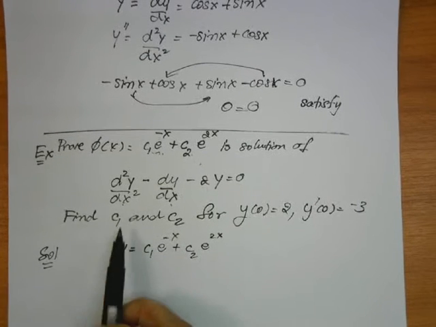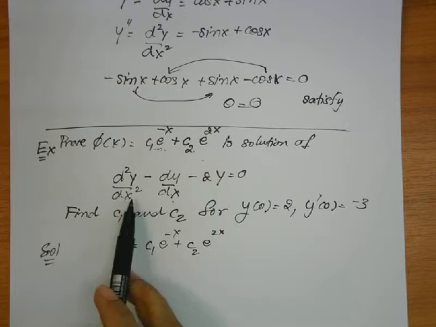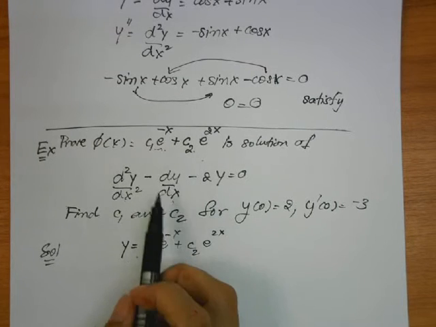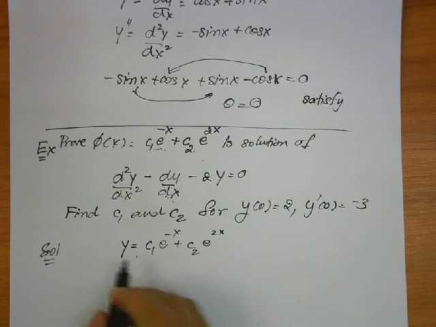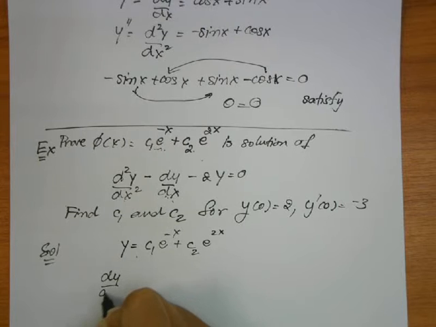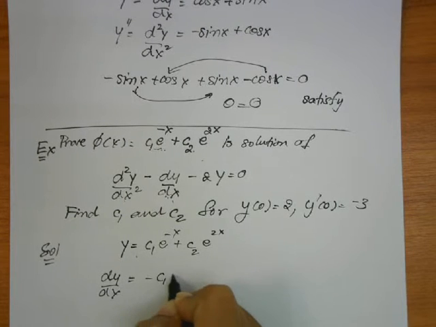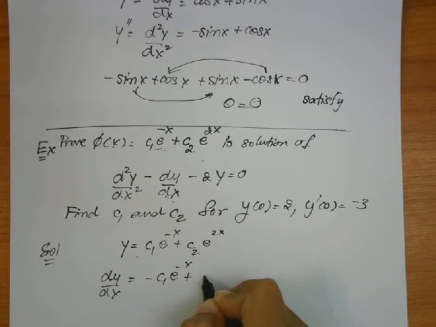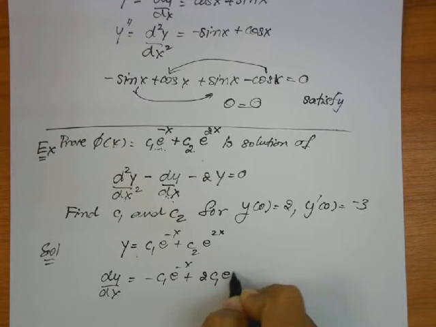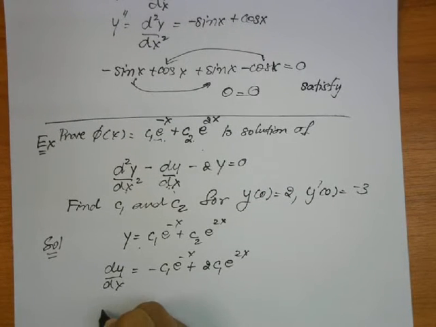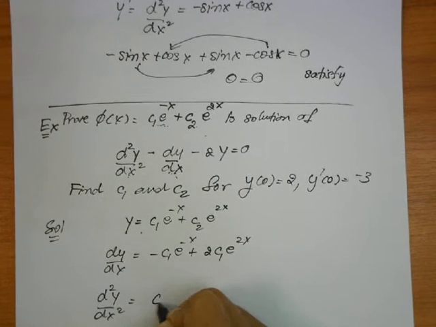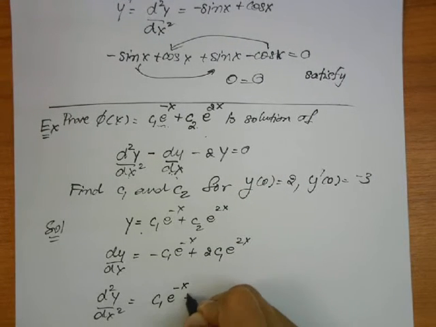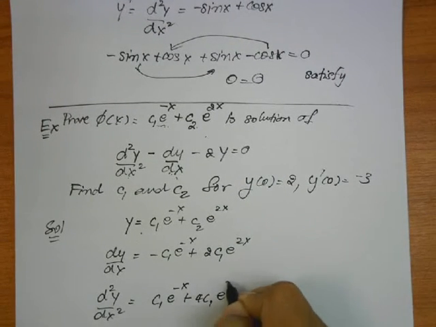You got to do first and second derivative of y in order to plug into the differential equation. So the first derivative, what you get? I guess you would get something like this. And then for the second derivative, you would get this, right?